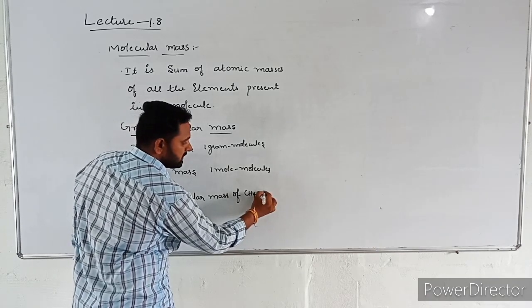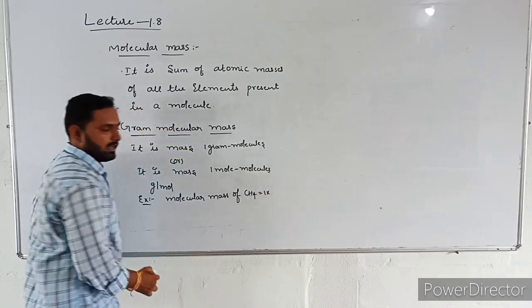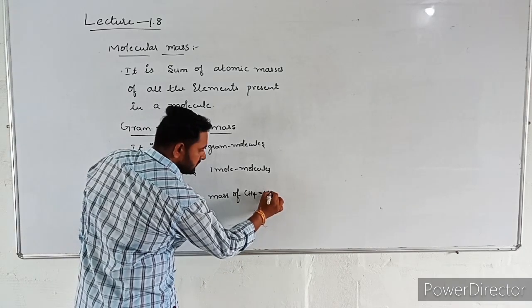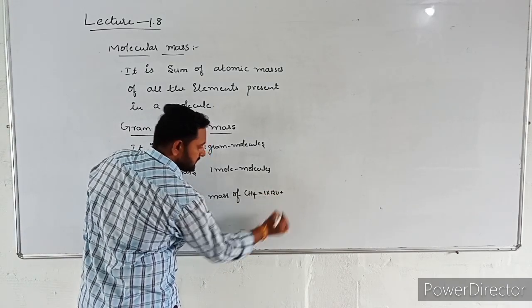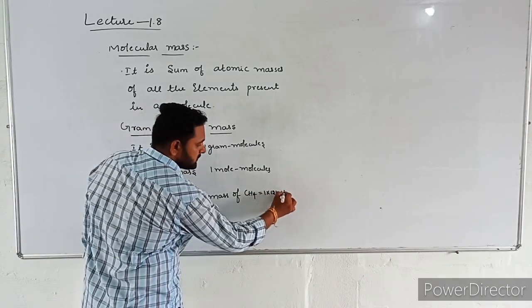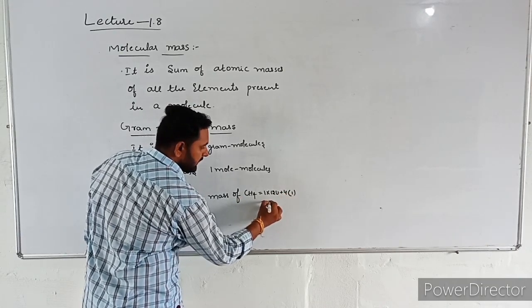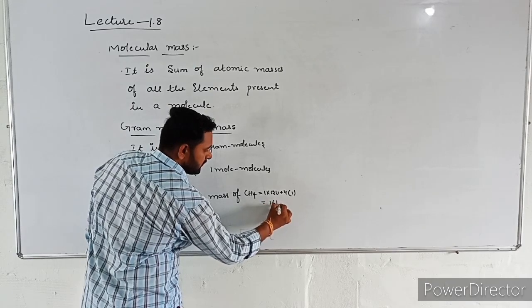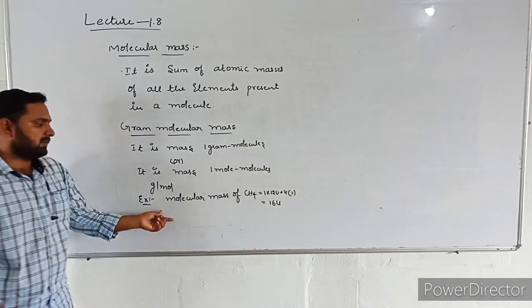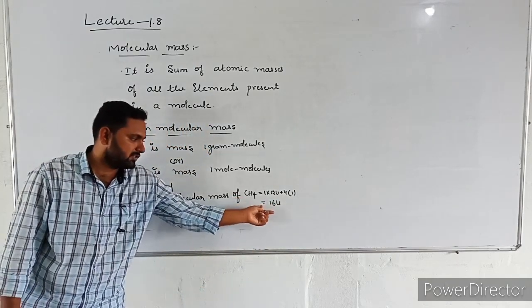How many carbon atoms are there? 1. What is the atomic mass of 1 carbon? 12 U. Plus, how many hydrogens are there? 4. What is the atomic mass of hydrogen? 1. Total you will get 16 unified mass. The molecular mass of methane is 16 U.